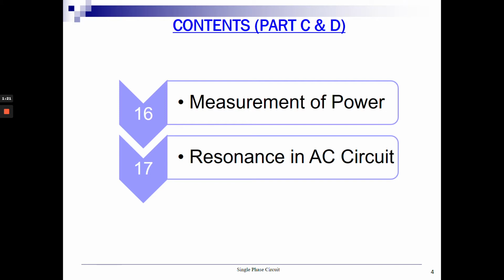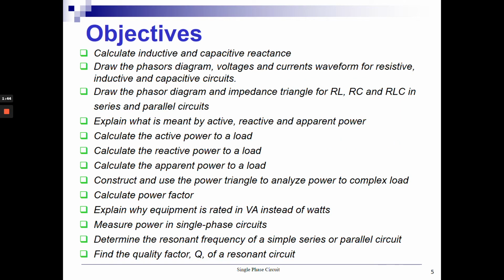For each part, I will make a video for 4 weeks. So week 1 is part A, week 2 is part B, week 3 is part C, and week 4 is part D. Okay, so let's continue with part A.